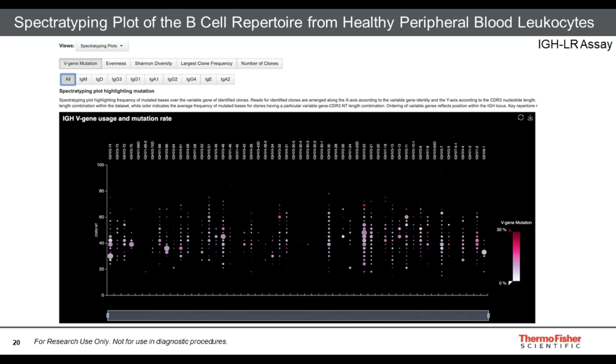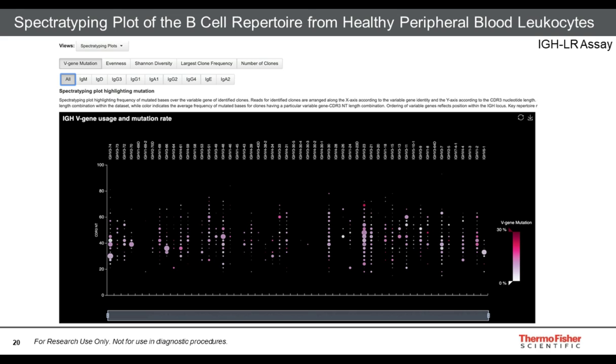level. And here I'd like to introduce the spectratyping plots within the Ion Reporter companion analysis for these assays. So here you're looking at a spectratyping analysis from the IGH-LR assay.